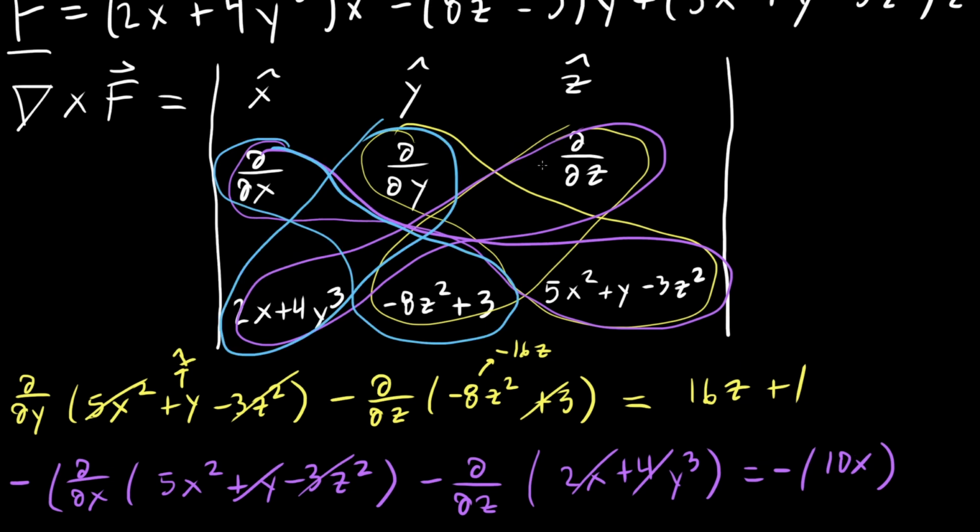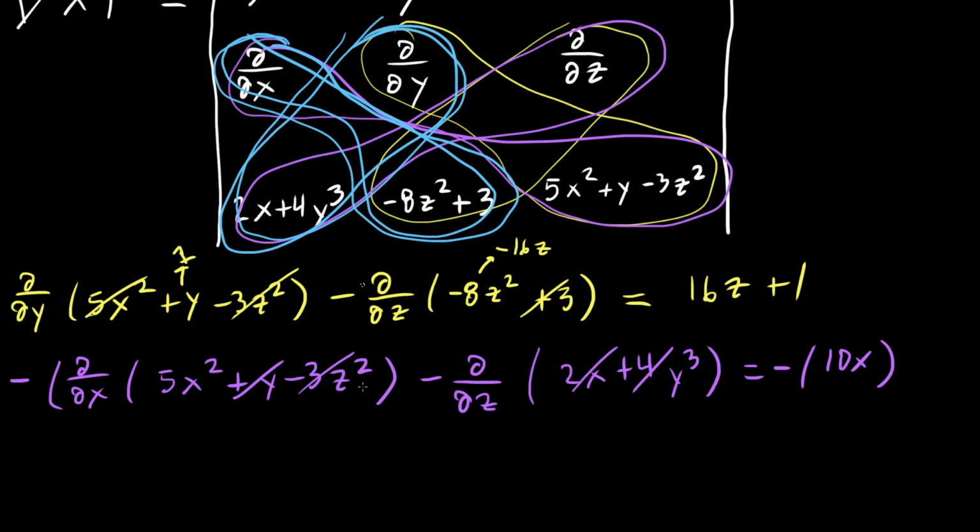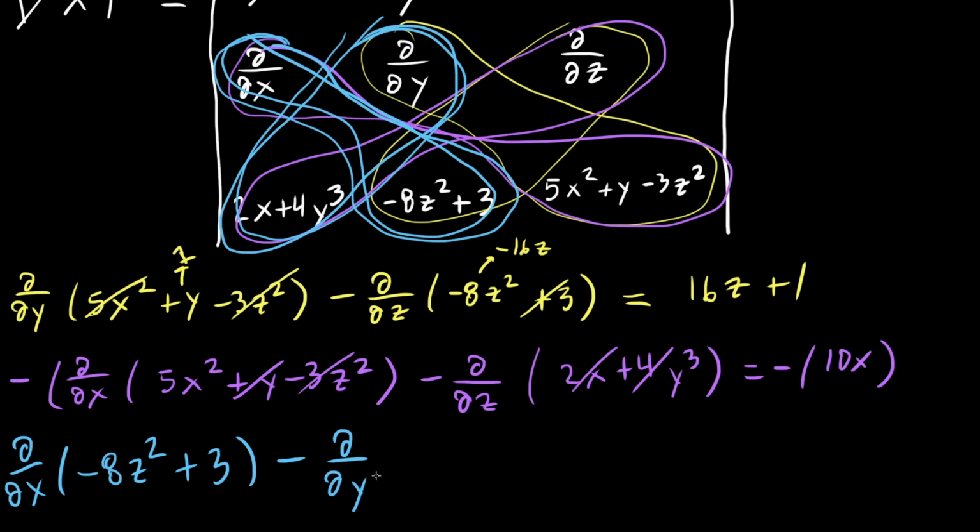So now let's compute the z component. And this will be done by computing these diagonals here. So it will be the partial of x of negative 8z squared plus 3 minus the partial of y of 2x plus 4y cubed.